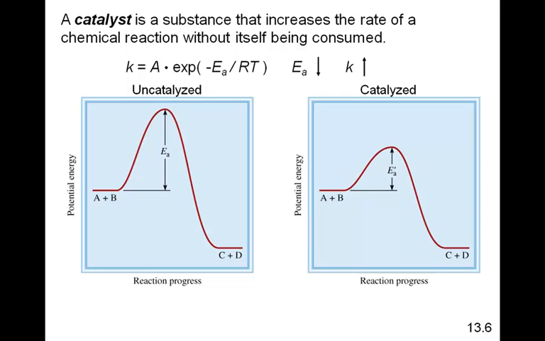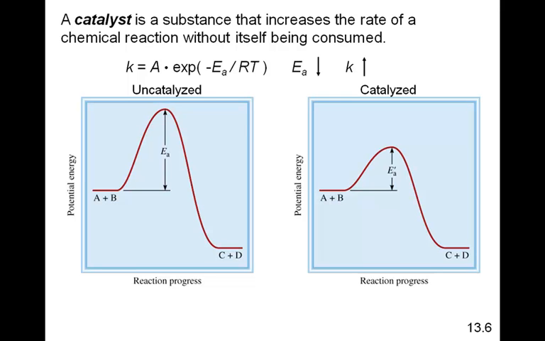If it takes less energy to begin breaking those bonds, if the energy barrier hill is smaller, then more collisions will have a sufficient amount of energy. Therefore, the reaction will be faster, strictly from the standpoint of looking at the collisions.